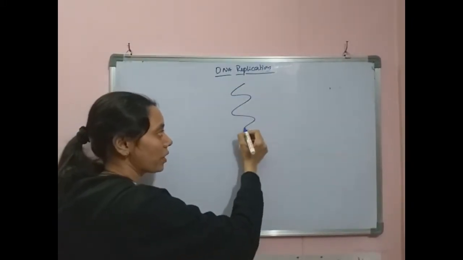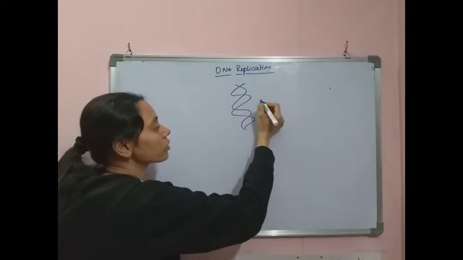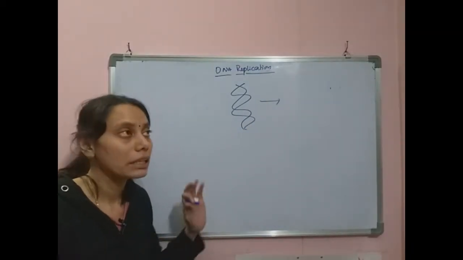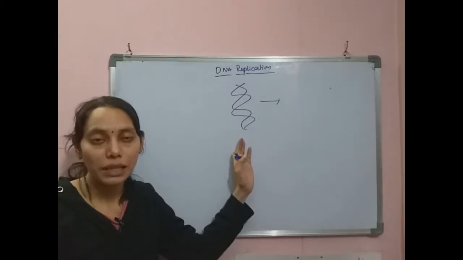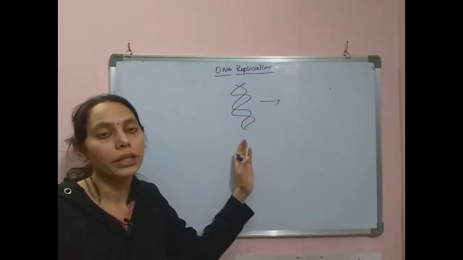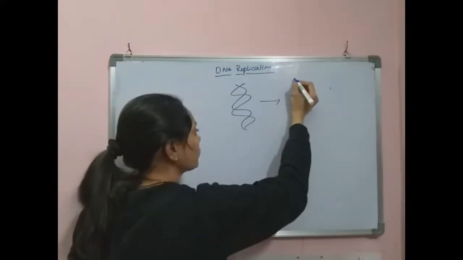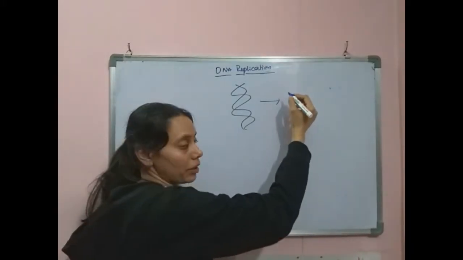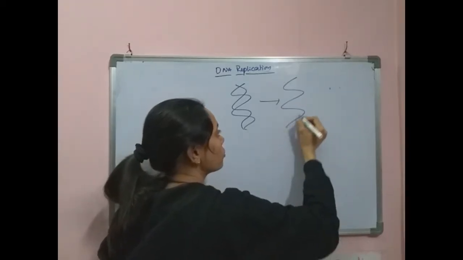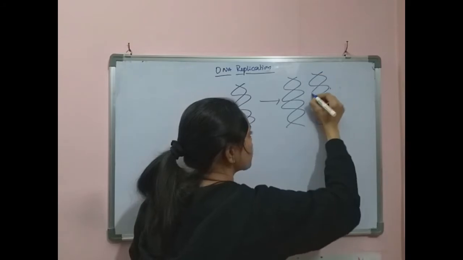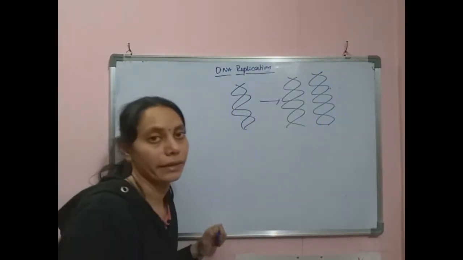Basically, if this is a parental DNA undergoing the process called DNA replication, the genetic content of the parental DNA will be duplicated in the form of two daughter DNAs. So after DNA replication, it produces two daughter DNAs which are the same as the parental DNA.